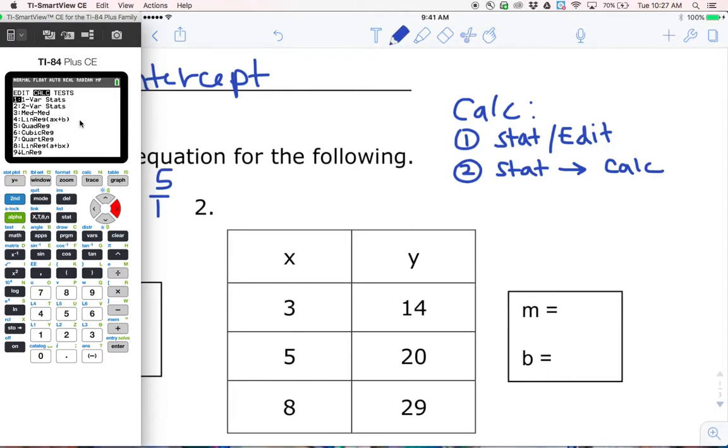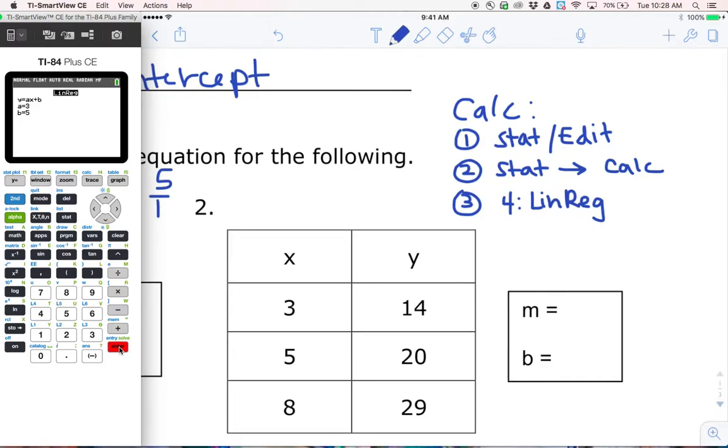So we're going to choose option 4, LinReg. Just click on number 4, or type in the number 4, and we have all this stuff right here. We just need to calculate, so go down and click enter on calculate. Now we've got our equation.